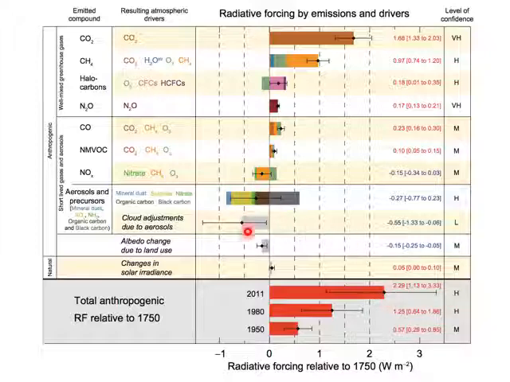The biggest uncertainty again comes from those aerosols. But these bars are so strong, and if you add them up, you come up with very large numbers. Okay, and so there's no doubt that human activity on Earth since pre-industrial times has led to a positive forcing of the climate system in the amount of 2.3 watts per square meter.